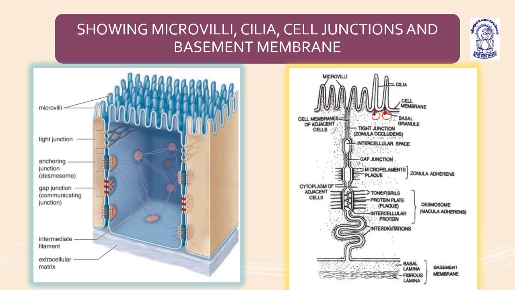Understood? Then you can see these are tight junctions, zonula occludens. Then we have intercellular spaces. Then we have gap junctions, in which the cytoplasmic exchange of adjacent cells takes place.